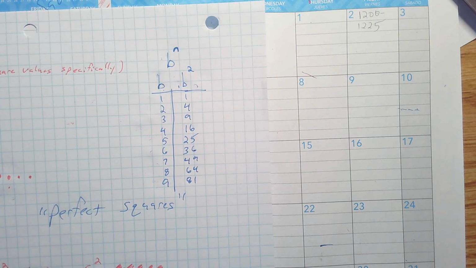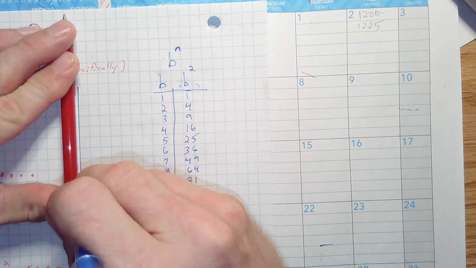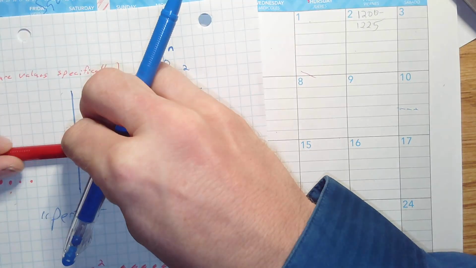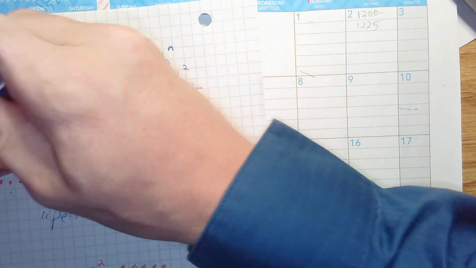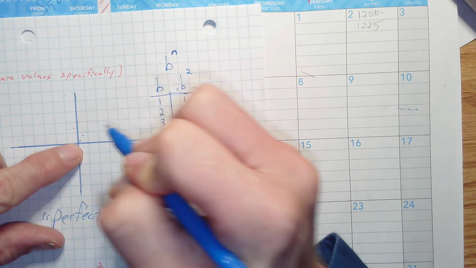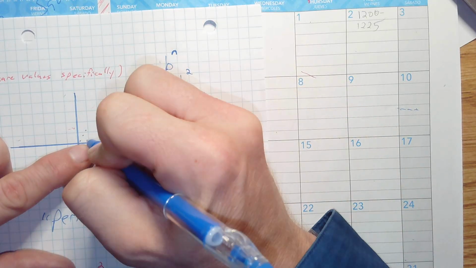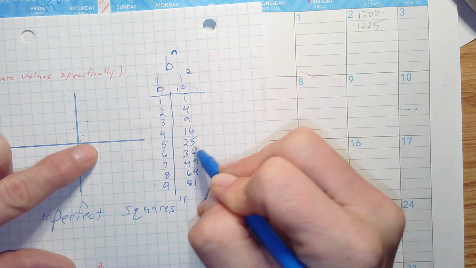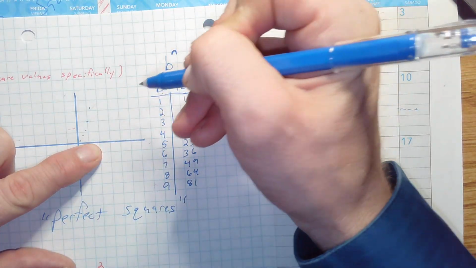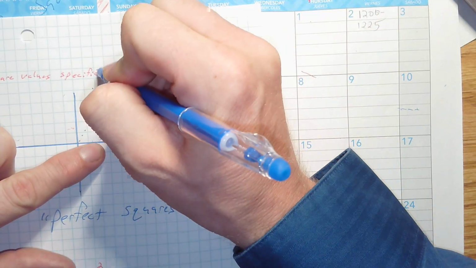Okay, if we were to draw something like this: 1 is 1, 2 is 4, 3 is 9, 4 is like 16, 5 is like 25, 6 is like 36, 7 is like 49.